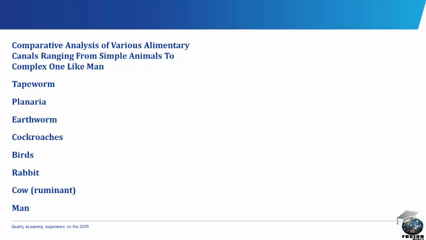In the rabbit, the small intestine passes into the caecum where cellulose digestion takes place. The caecum contains numerous bacteria which are able to secrete enzyme cellulase, which digests cellulose into glucose. Caecum is absent in man, and so cellulose is not digested.